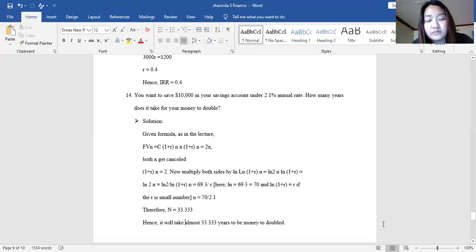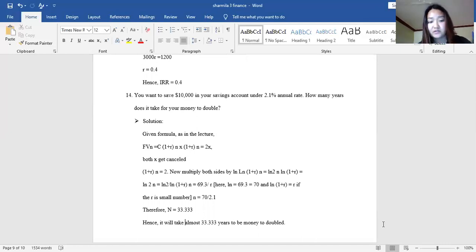So you want to save $10,000 in your savings account under a 2.1% annual rate. How many years does it take for your money to double? Given the formula as in the lecture, FV equals C times (1 plus R) to the power n, equals 2.